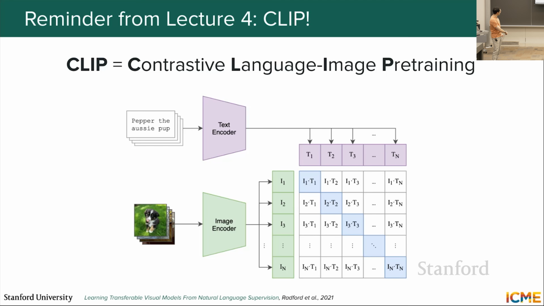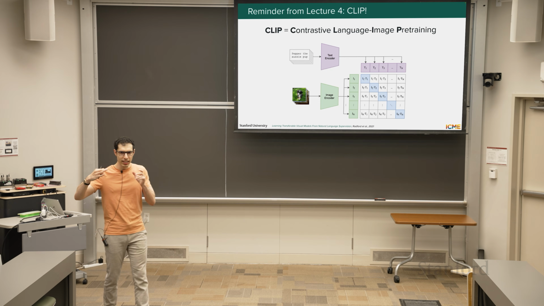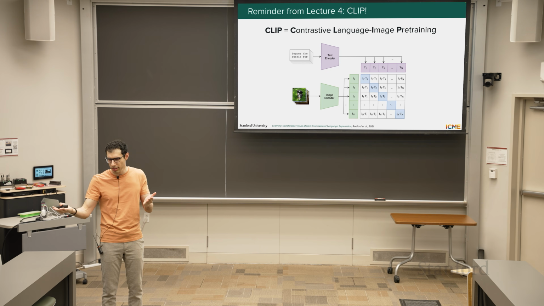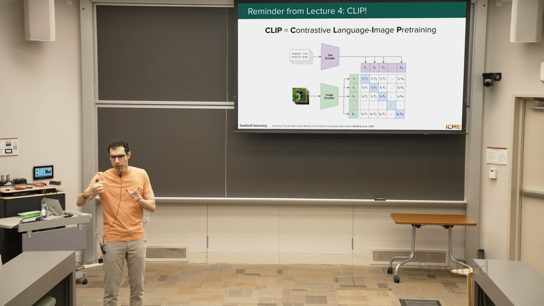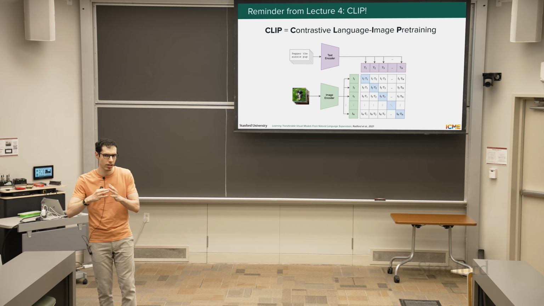For this, you may have in mind a method we saw in lecture 4, CLIP, which stands for Contrastive Language Image Pre-training, which aimed at comparing the text and an image by encoding each separately through their respective encoders and training the resulting system using a contrastive loss that incentivizes elements that are similar to have a higher score and elements that are not similar to have a lower score.